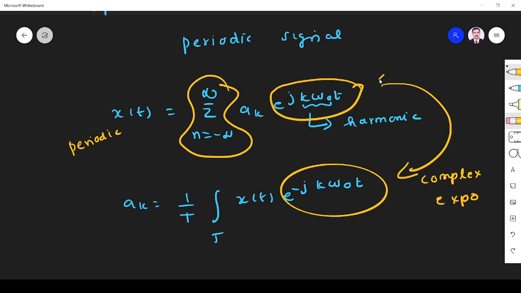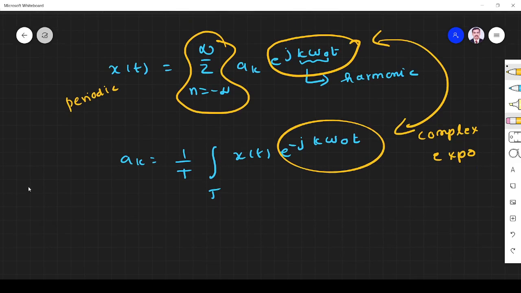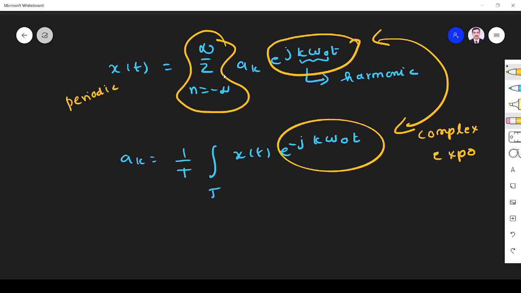Everywhere you see this complex exponential. So x of t, a periodic signal, I can write in this form. This is called the synthesis equation. This is called the analysis equation. This is the Fourier series, CTFS.